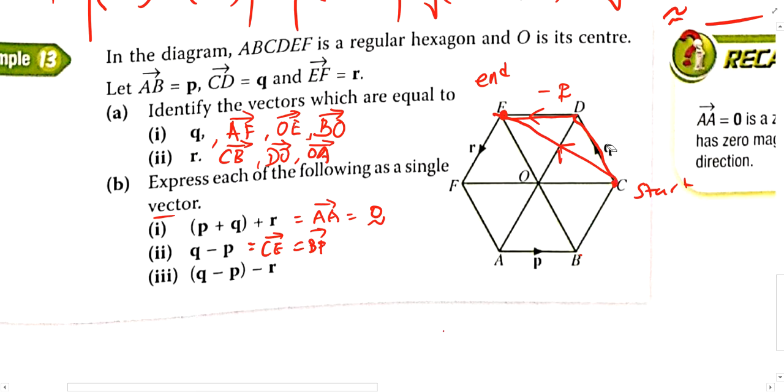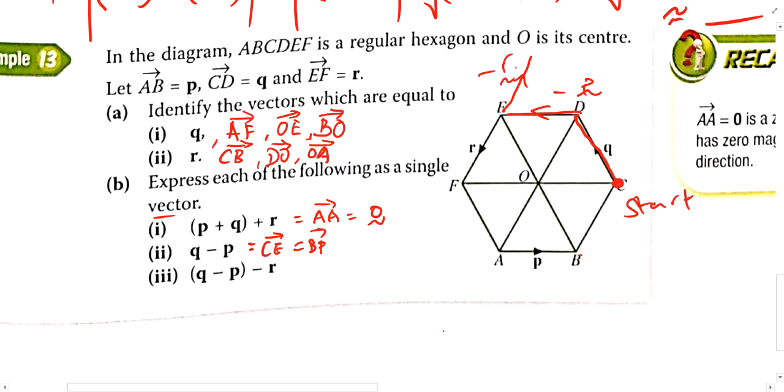Okay, next one. Q minus P minus R. Okay, try it. Do it. Q. This is my start. Q, then minus P. So I go this way. This is minus P. Then I need to minus R. But R goes this way, right? So I need to go this way.